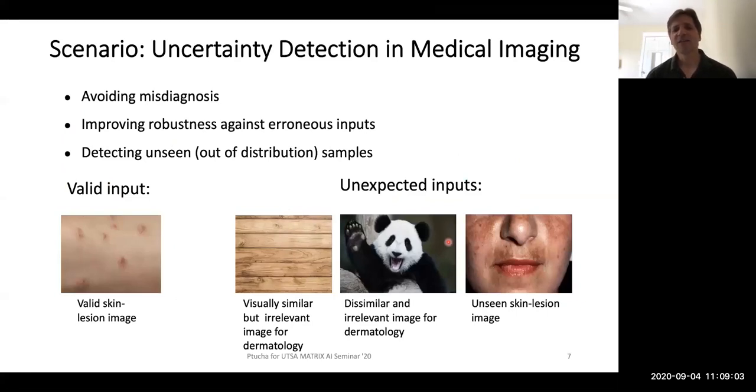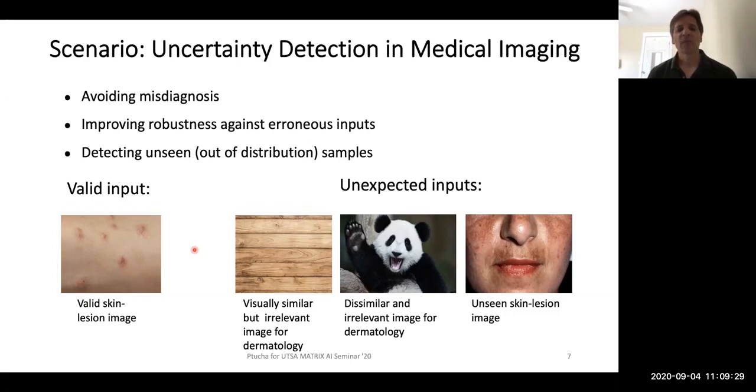And so if we take a scenario like, how about medical imaging? And let's take an example of dermatology. Doctor-assisted diagnosis is very common today. It's very hard for doctors to know the hundreds of different lesions that are out there. So taking a picture and giving some aided advice to the doctor is usually a good thing.